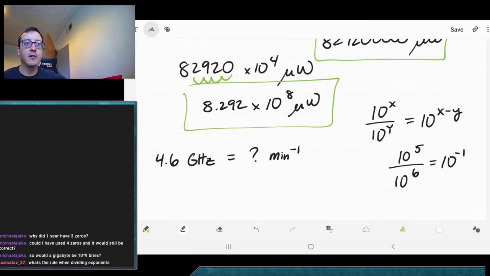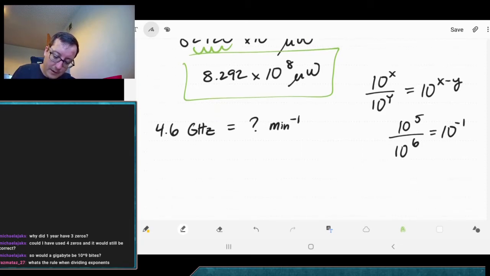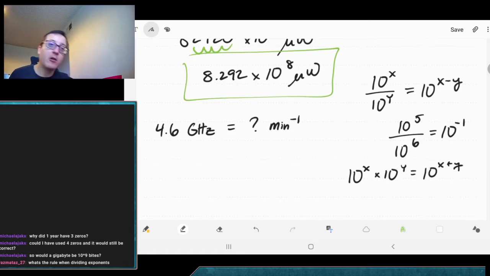So you just subtract them. And if you had the other way, you'd add them if you're multiplying.